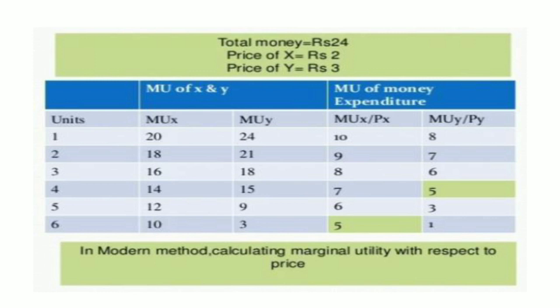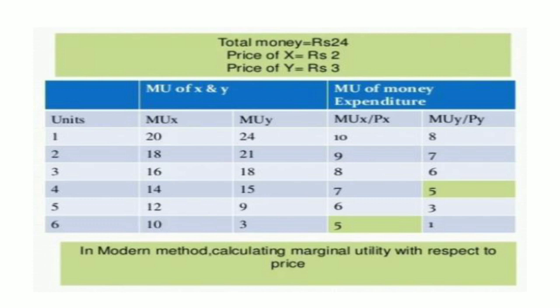Next, the marginal utility of Y. The price of Y is 3, so we divide by 3: 24 divided by 3 is 8, 21 divided by 3 is 7, 18 divided by 3 is 6, 15 divided by 3 is 5, and so on.